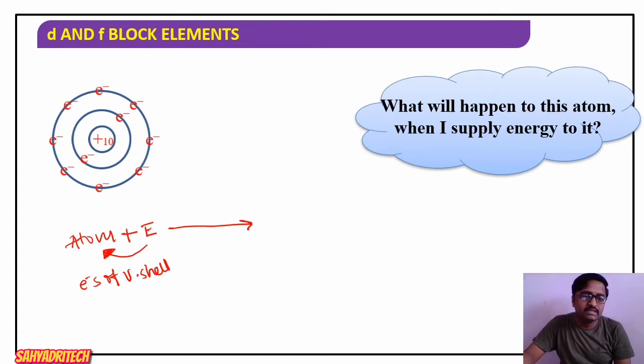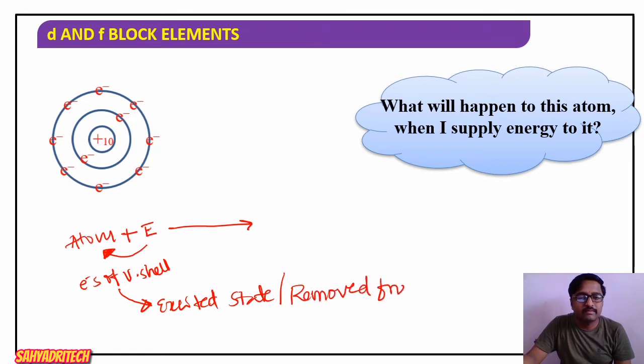Once they take the energy, where will they go? They go to an excited state. Or if the energy supplied is sufficient, they are even removed from the valence shell.